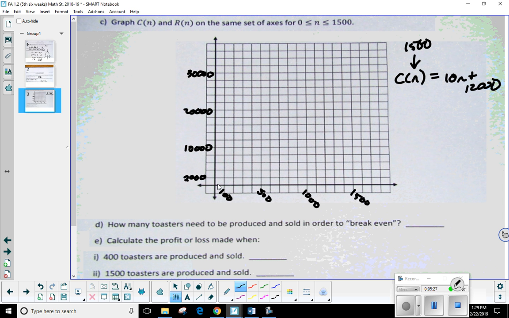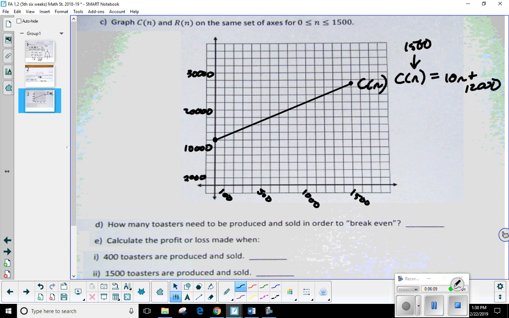Oh, 15, so 15,000 plus 12,000 is 27,000. Okay. So let's say here, this was 246, so halfway. So 27,000, and there's 1,500 right there. Now this one started at 12,000. So I'm going to go ahead and connect those points, and that will be the cost function right there. So that's C of N.